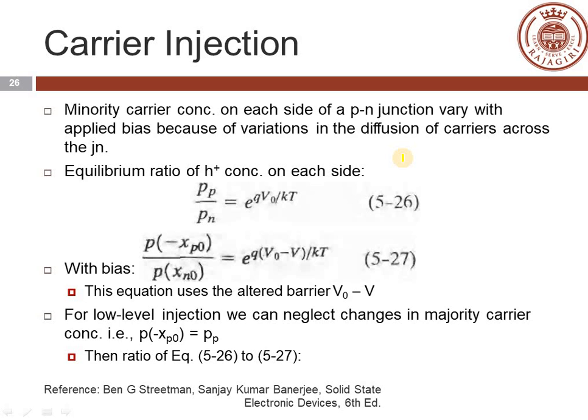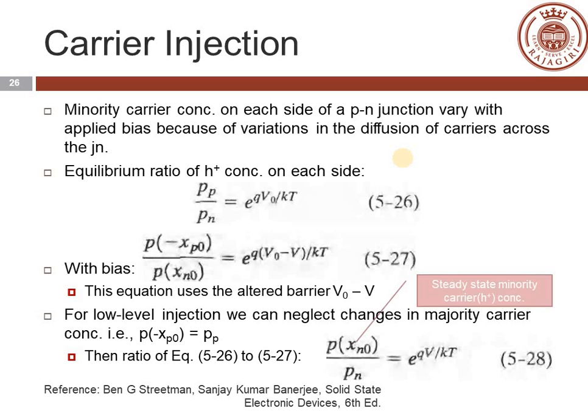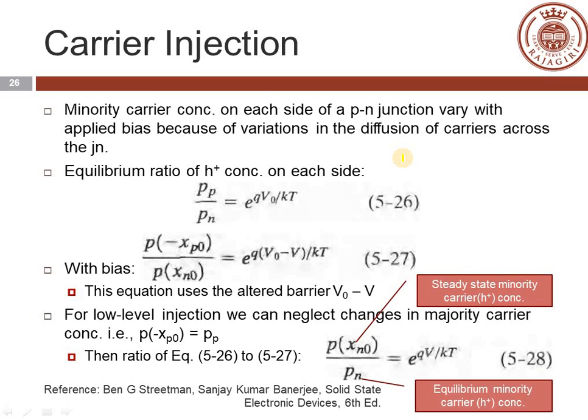Then dividing these two equations, 526 and 527, we get P of xn0 by Pn equal to e to the power Qv by KT, where P of xn0 is the steady state minority carrier hole concentration, and Pn is the equilibrium minority carrier concentration, which is also hole here.